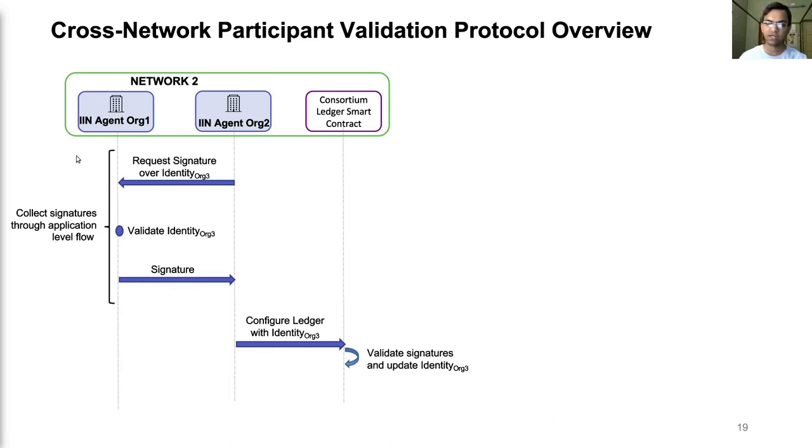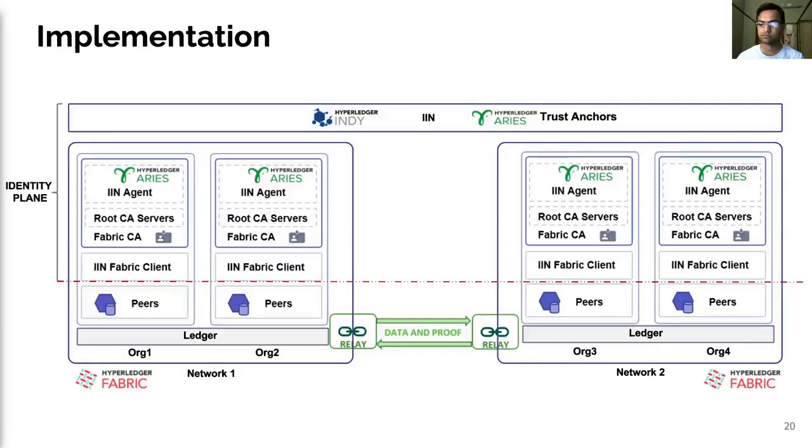We rely on this kind of application level flow of getting signatures for consensus over the identity configurations instead of doing it in a smart contract, because the identity validation steps involve many network calls which might introduce non-determinism, and we want to avoid non-determinism in the smart contracts.